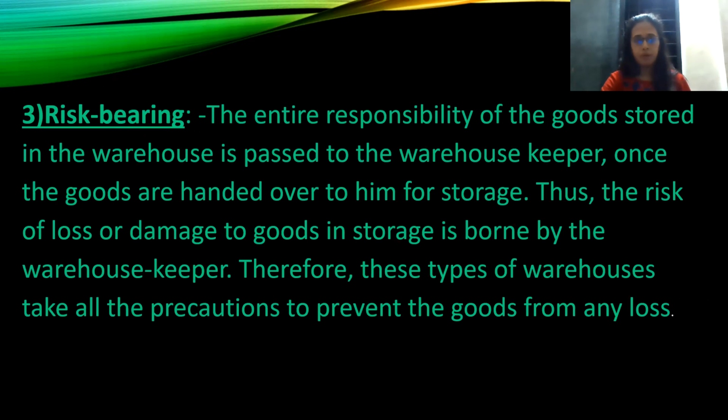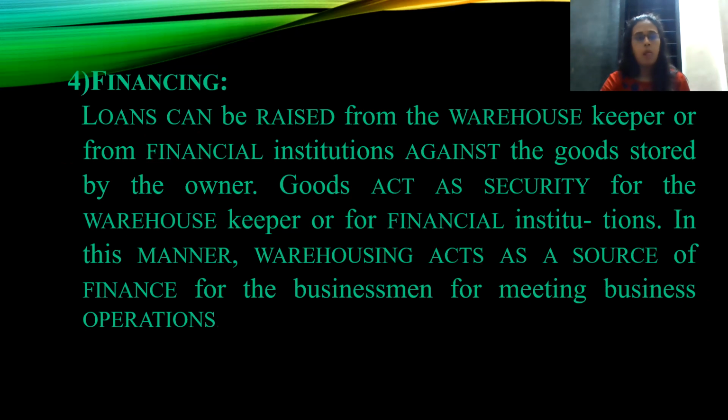Then we have risk bearing: once the goods are given to the warehouse owner, all the responsibilities regarding those goods go to the owner, so we are relieved from it. So this is one good feature. Financing against the receipt: they write each and every detail in the receipt, so it may act as a mortgage, so you can go to banks or financial institutions and get a loan against it.